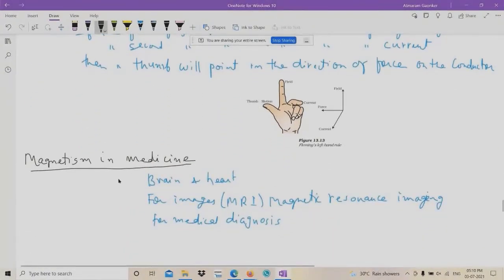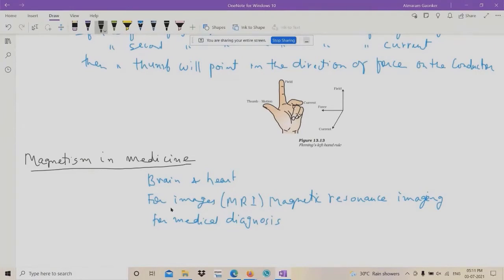And magnetism is used in medicine. Our brain and heart give the most magnetic impulses from our body. So magnetic impulses are all over the body, but the brain and heart give the most.